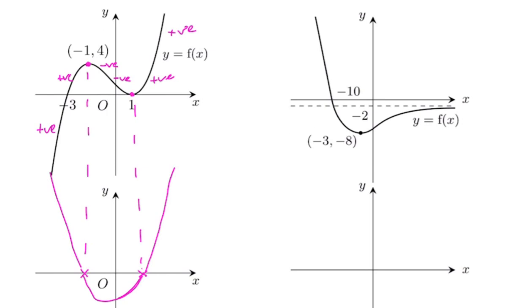This one, the second one, this is your only stationary point, so that will go here onto the x-axis. Now, this is negative gradient, negative gradient, negative gradient. So in other words, this is coming up like this.